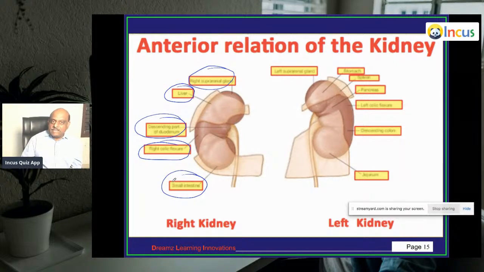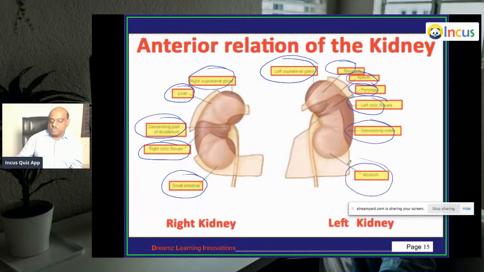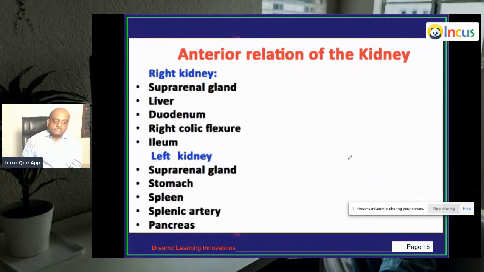On the left, you have the left suprarenal gland, the stomach, pancreas, then left colic flexure, the spleen is also anterior. Then descending colon and jejunum, they're all anterior.